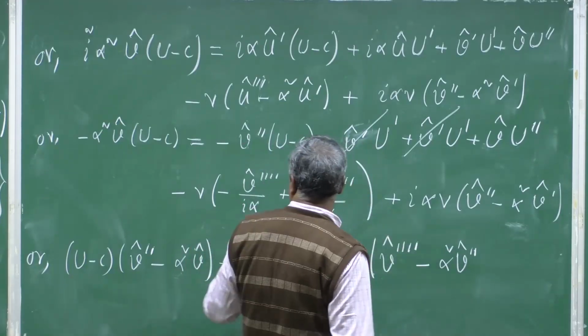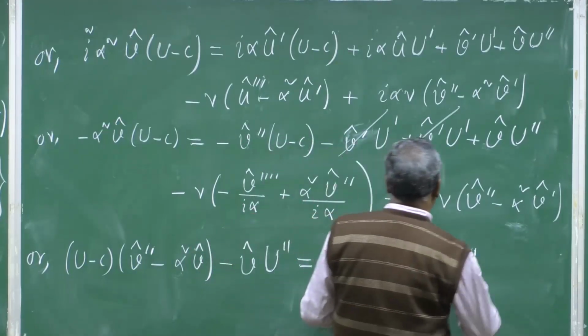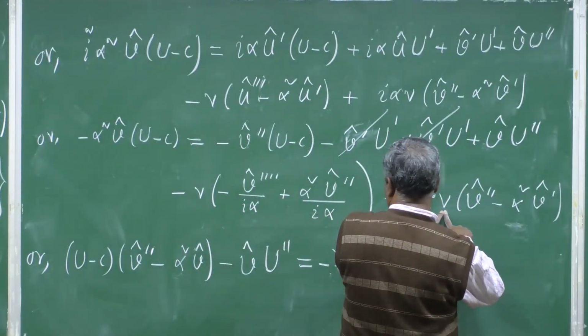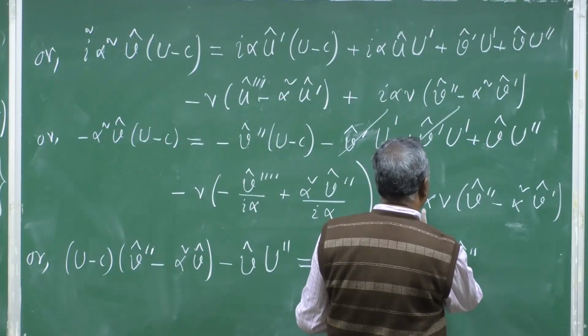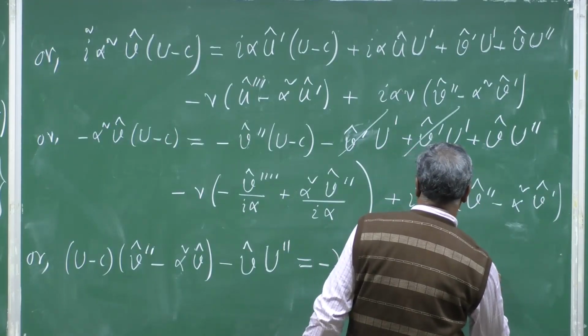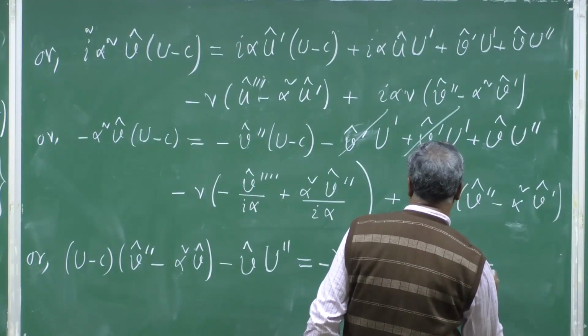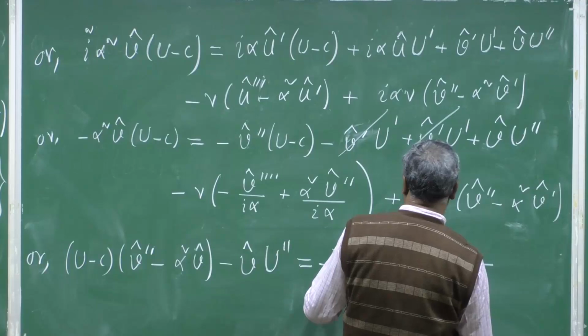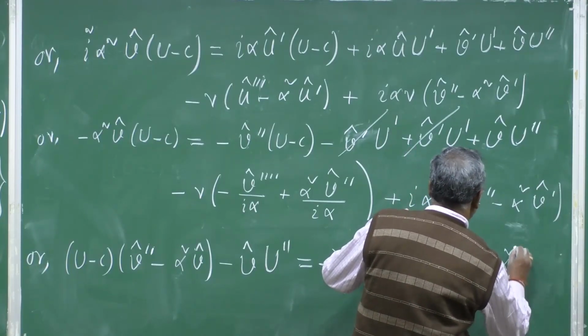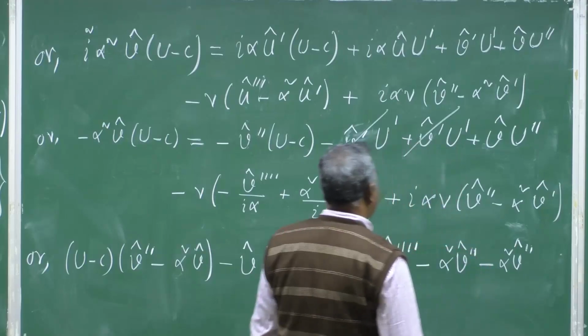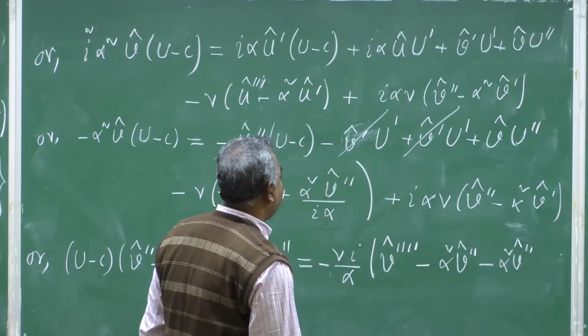Then here we have taken out this. This has come, this has come. So, that means we have taken α squared, so that is going to be minus α squared v hat.